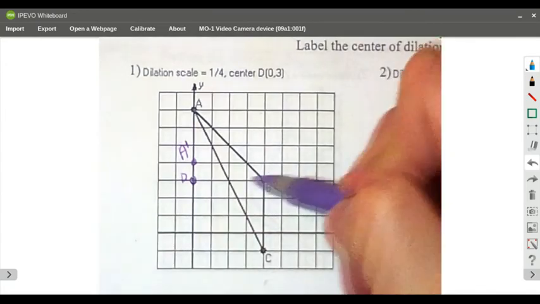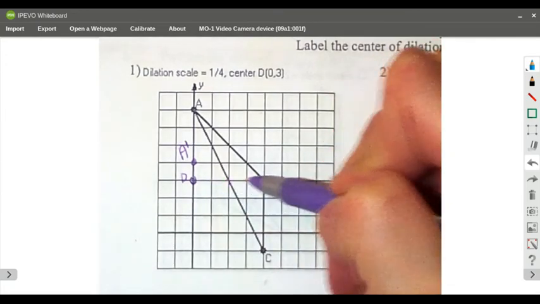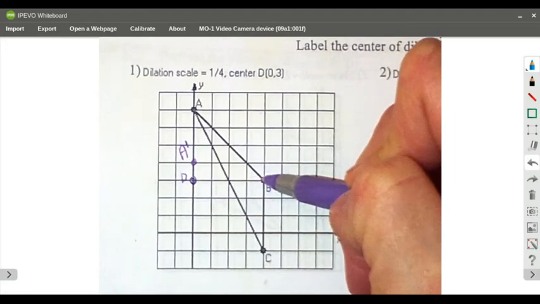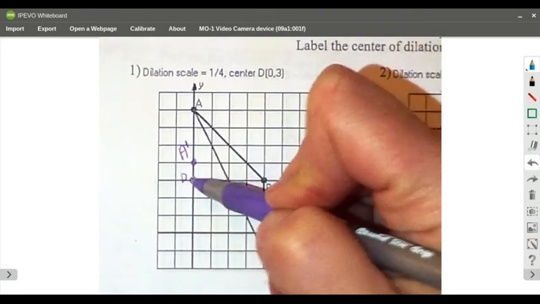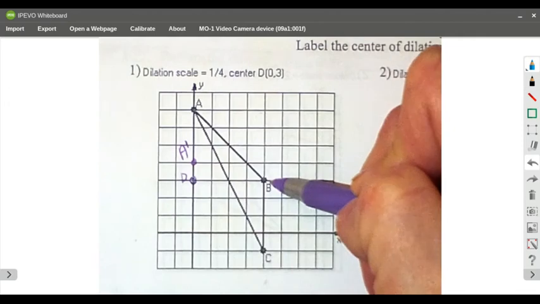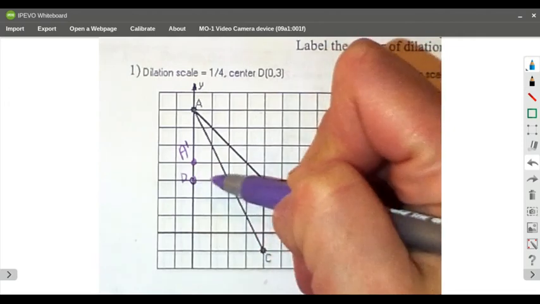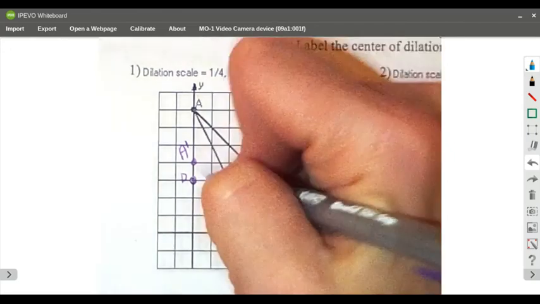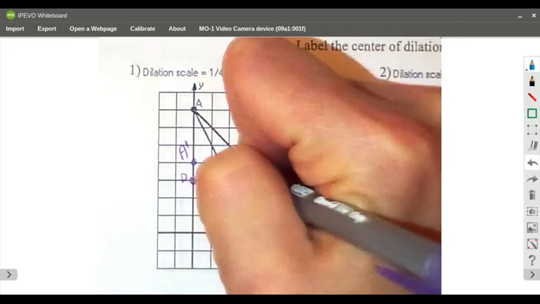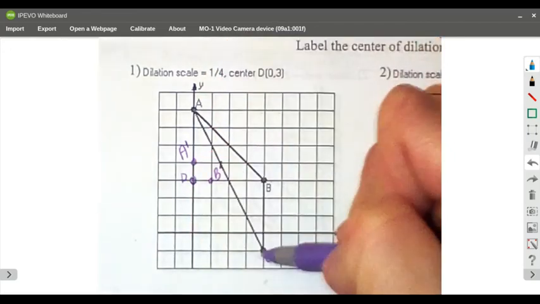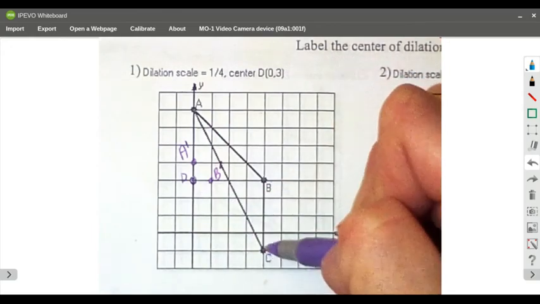Let's look at B. B is 1, 2, 3, 4 units to the right of D. So the path from D to B is 4. Again, we need 1/4 of that, which is 1 again. So just to the right 1 is going to be your B prime. Okay, and then our C is on a diagonal.